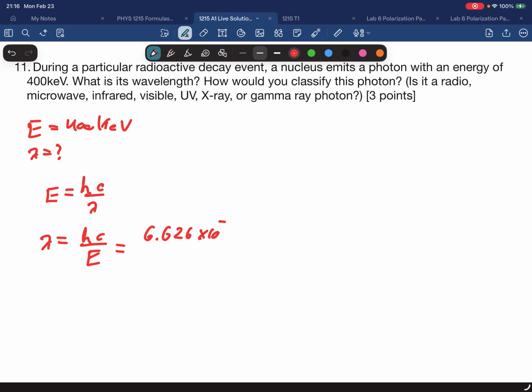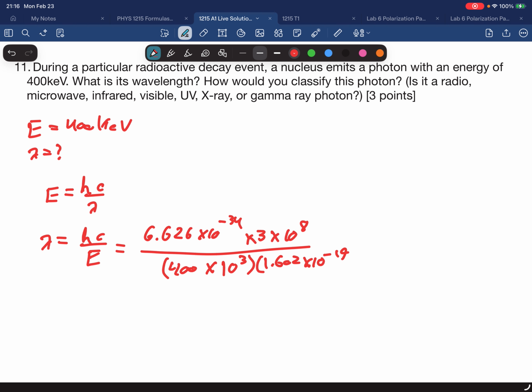6.626 times 10 to the negative 34 times 3 times 10 to the 8, so that's Planck's constant multiplied by the speed of light, over 400. Now this is kilo electron volts, so that's times 10 to the positive 3 electron volts. Now, these are electron volts, so I need to multiply this by 1.602 times 10 to the negative 19.